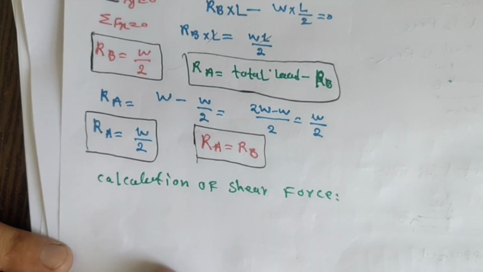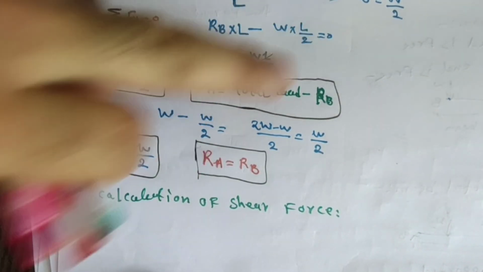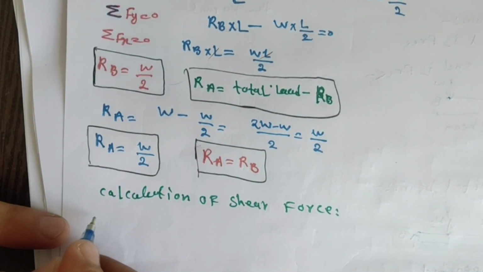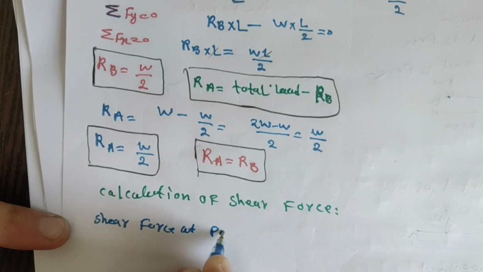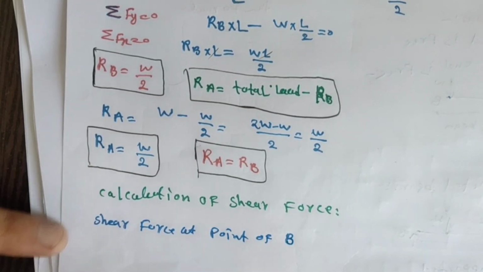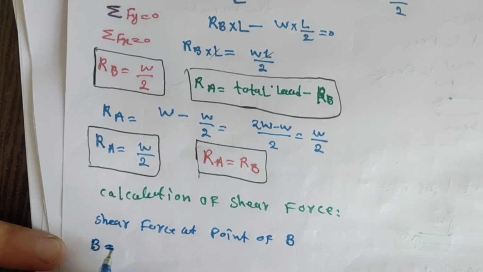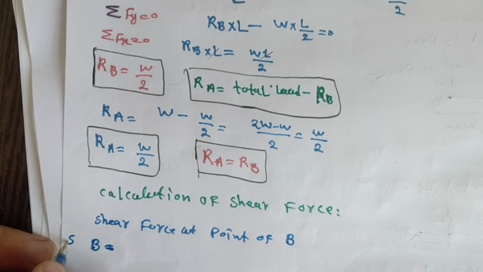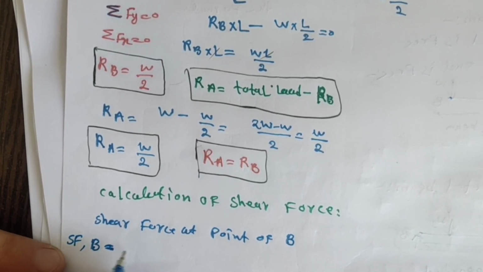Now, only RB is there. The shear force at point B, SF meaning shear force, is equal to W by 2, but negative.